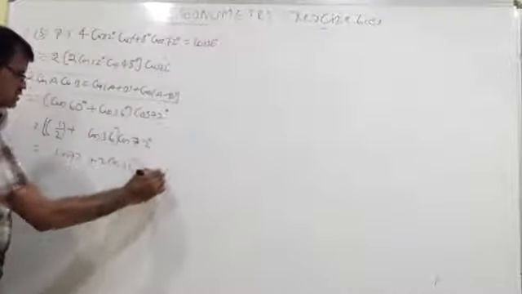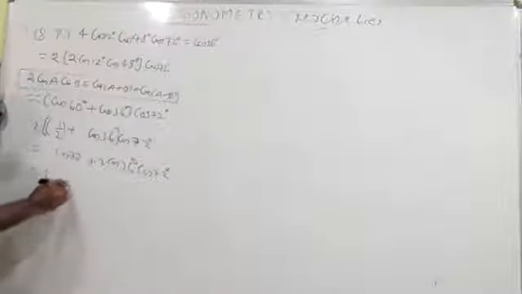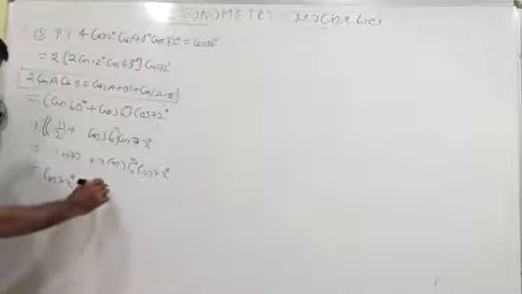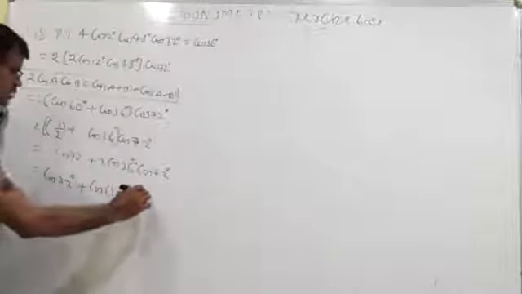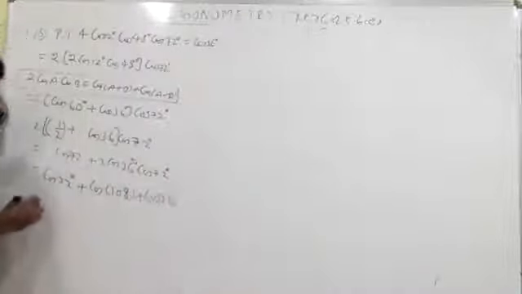That is equal to cos 72 degrees plus, by the 2 cos A cos B formula, cos A plus B plus cos A minus B, cos 108 plus cos 36.